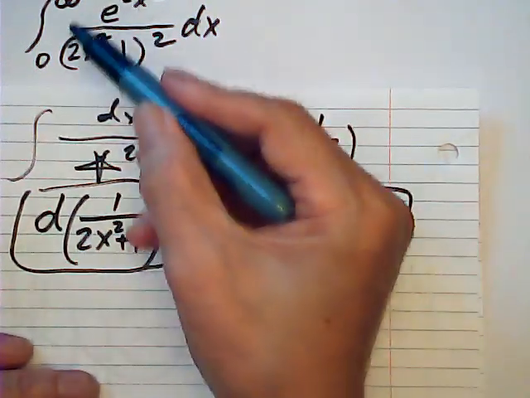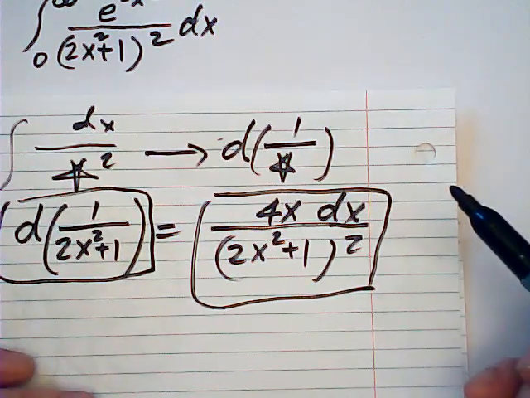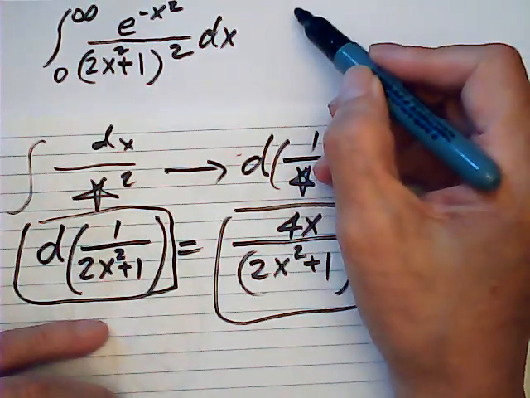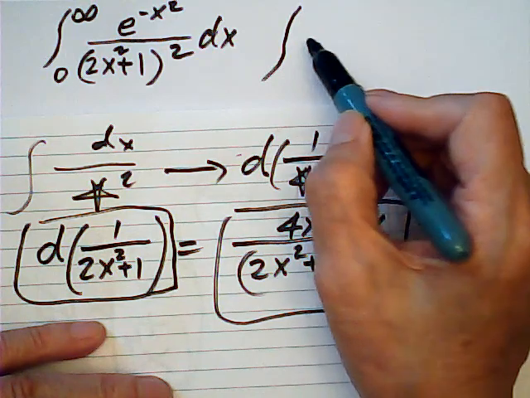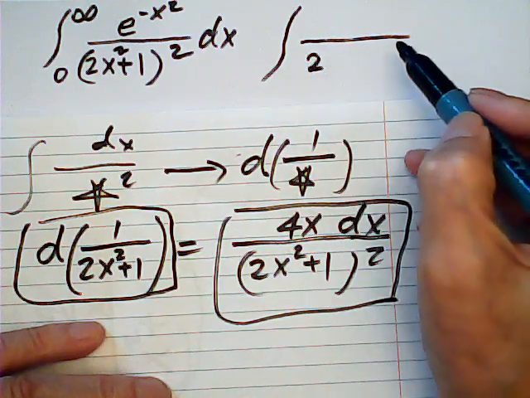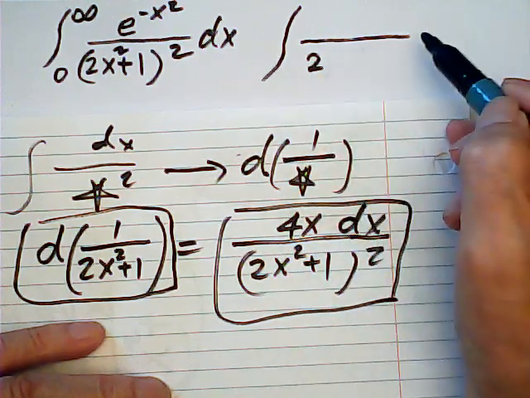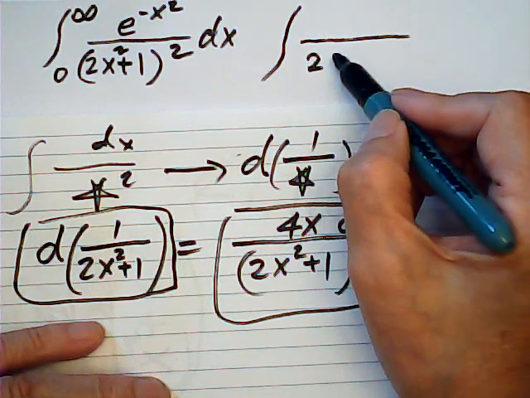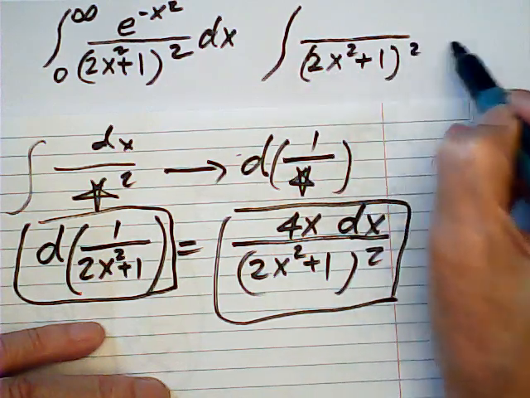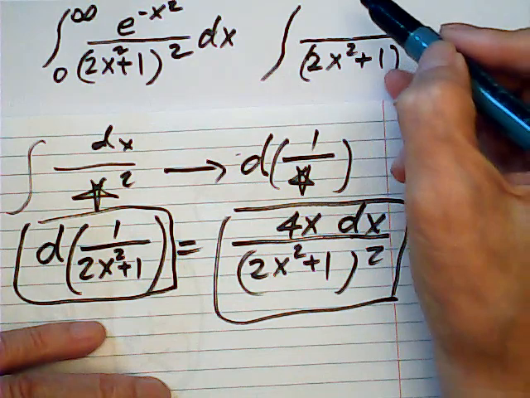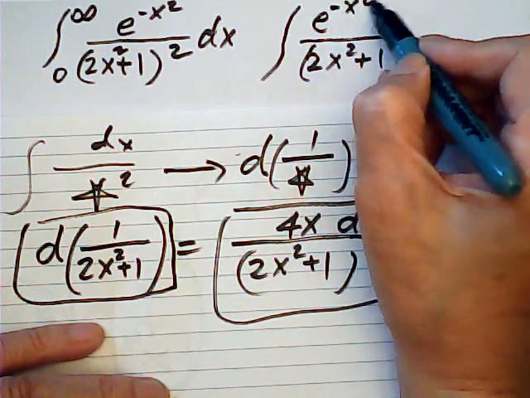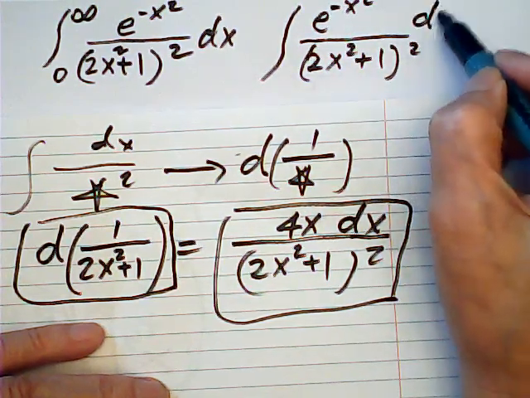But look at the denominator, look at the numerator. I don't have a 4x, but I can create it, at the same time maintaining the equal sign. This one is equal to 2x squared plus 1 squared, and I have e to the negative x squared dx.